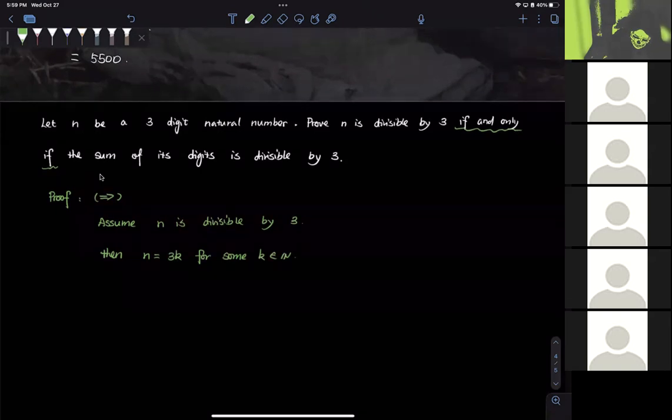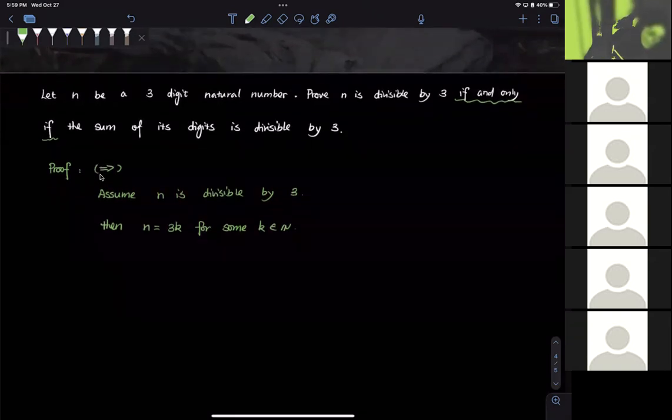Okay, now assume n equals xyz, where x, y, z are digits in this set.